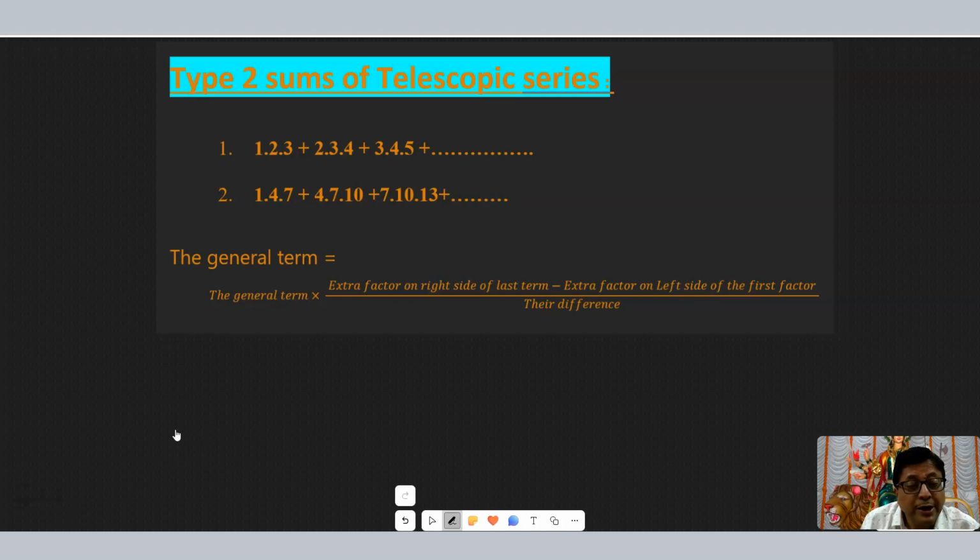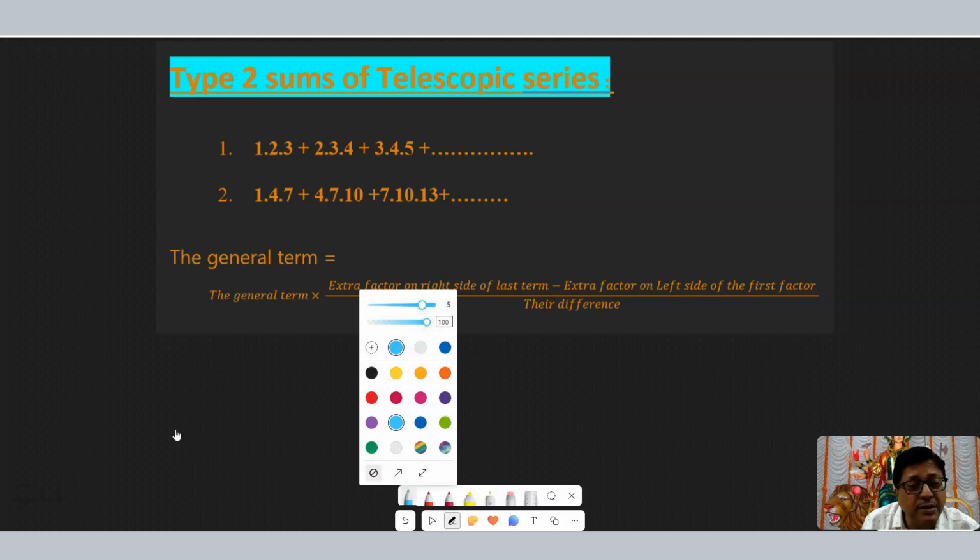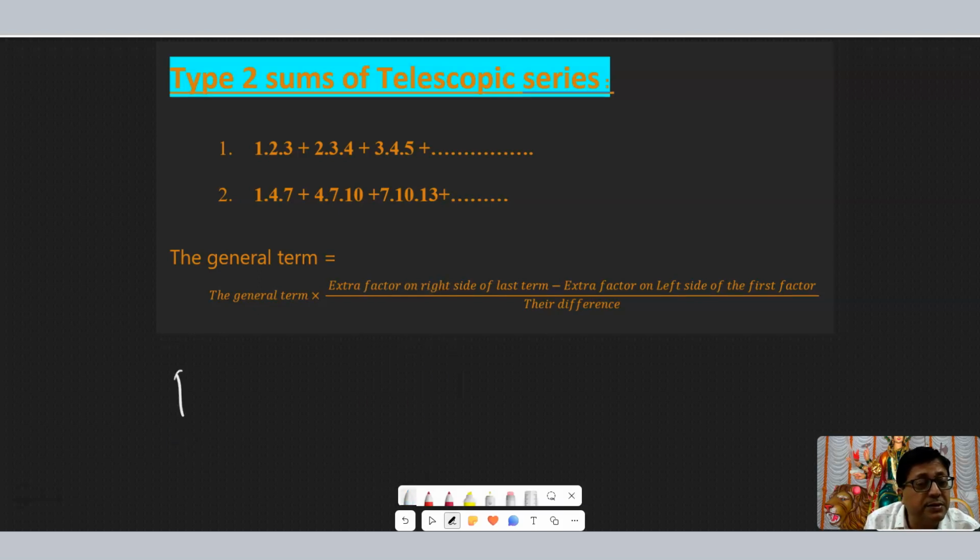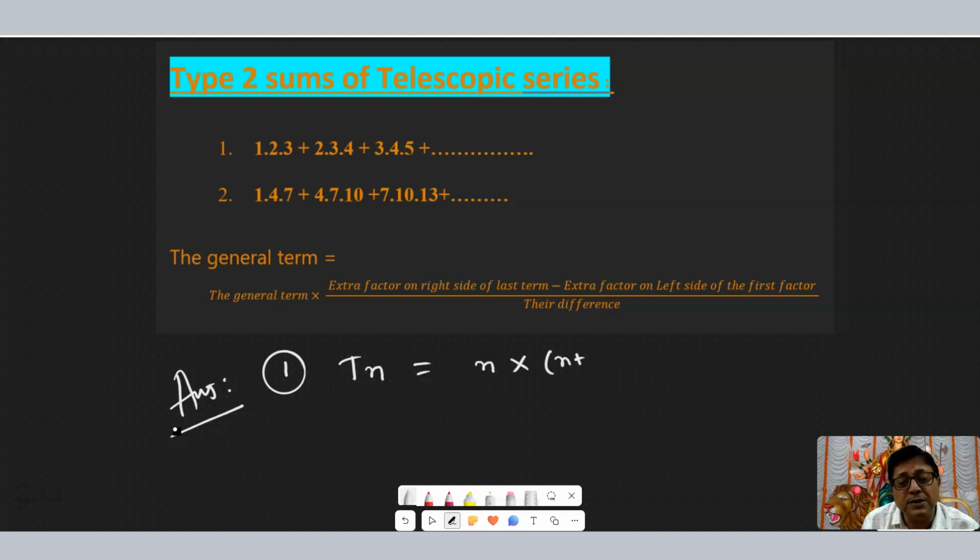Okay. So let me start with the nth term. Again the problem is writing the nth term. You write as fast as possible, then it is done. For the first one, what is the nth term? Tn will be the nth term of 1, 2, 3, n; 2, 3, 4, n plus 1; and 3, 4, 5, n plus 2. Then this Tn you have to modify.